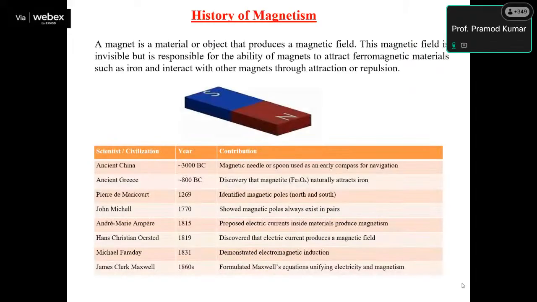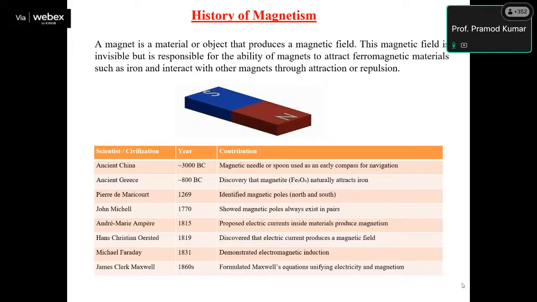Similarly, if you talk about the magnet, we have a very good history about that. A magnet is a material or object that produces a magnetic field, and if you take that magnet very close to iron, it attracts the iron. This is the basic property of the magnet.